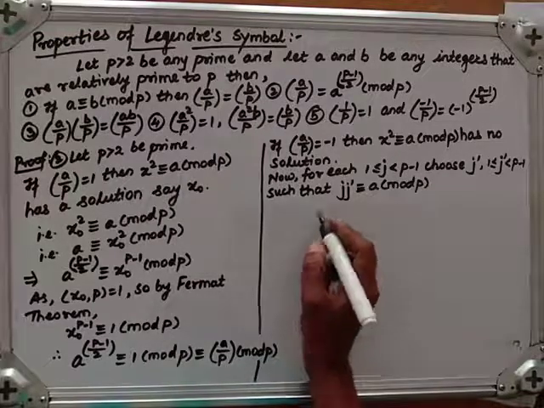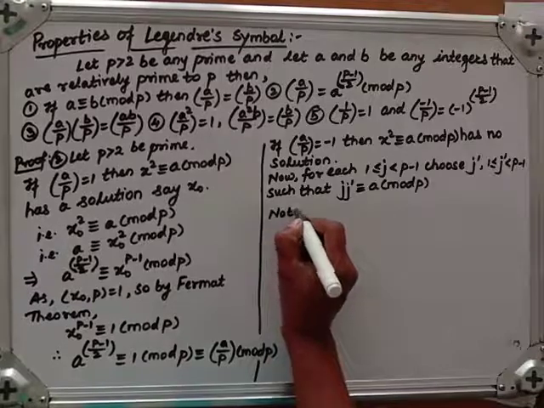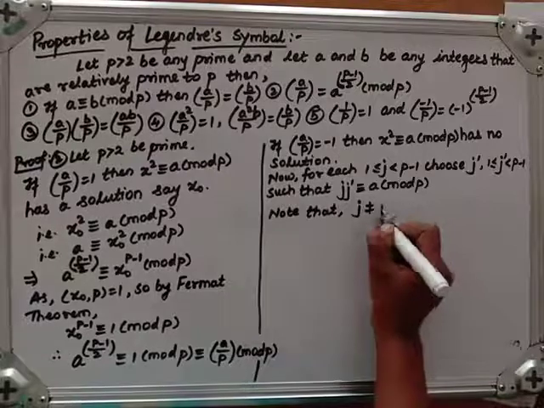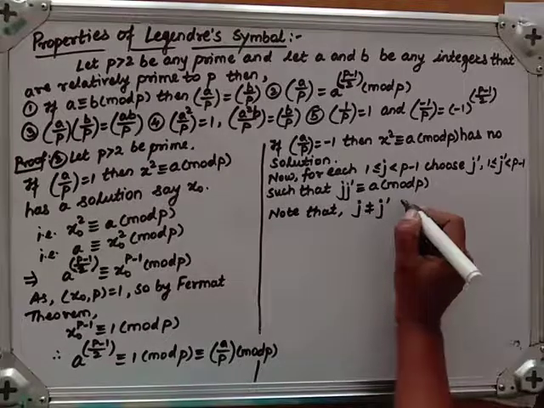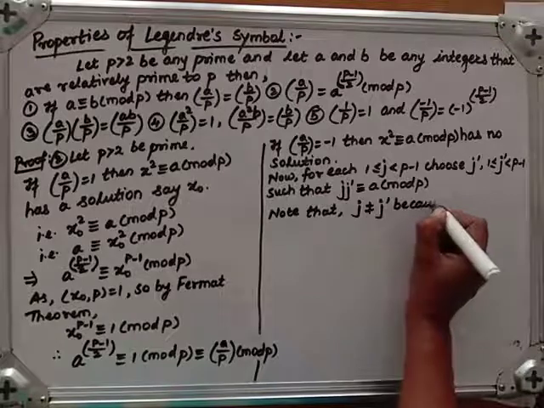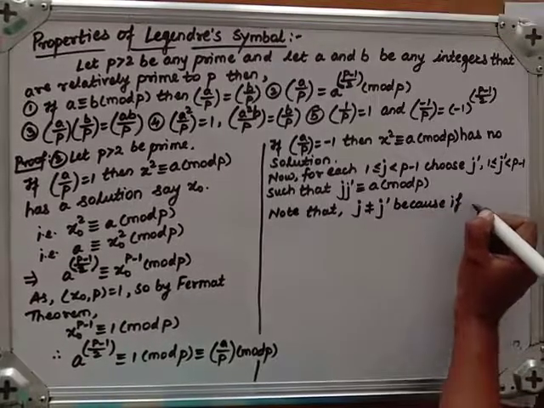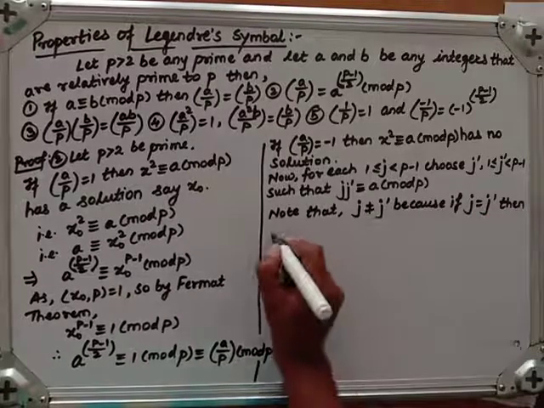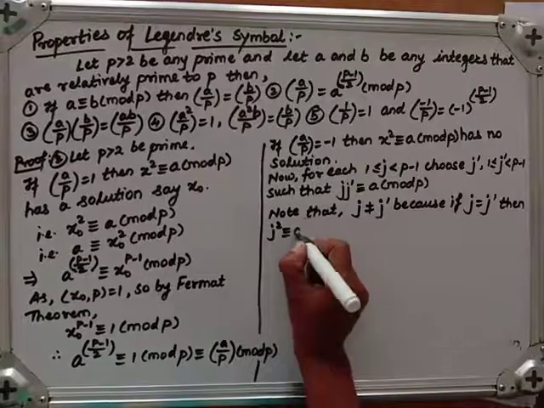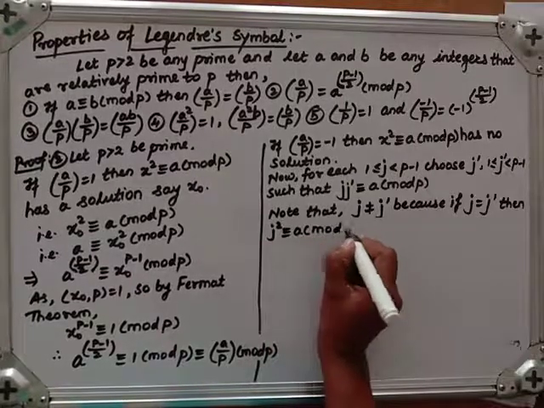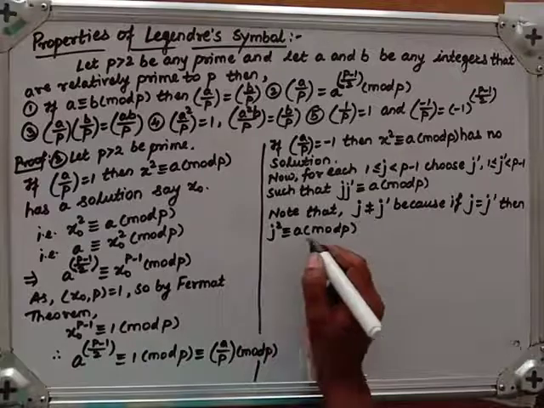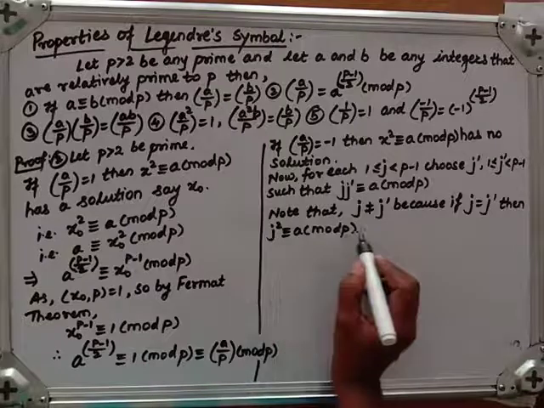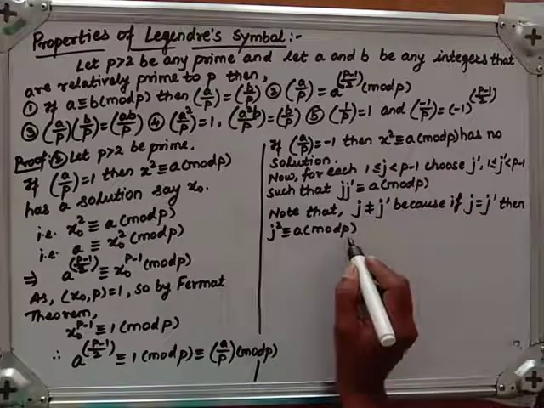Now note that j is not equal to j dash, because if j equals j dash, then j square is congruent to a modulo p. But we had assumed it is minus 1, so it has no solution. So if this one, then j is the solution of this one. So this is not true.